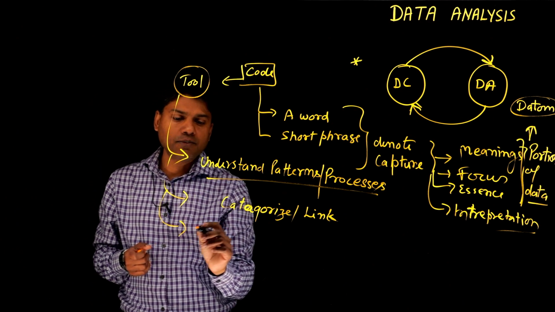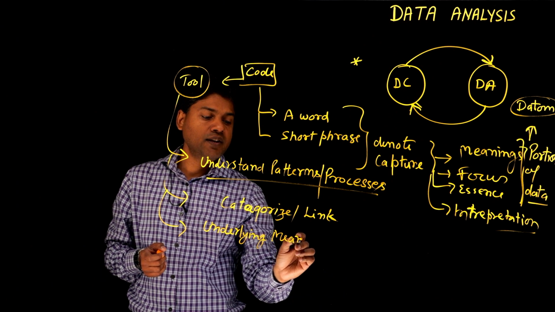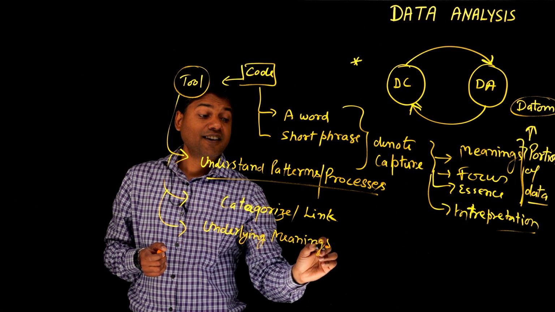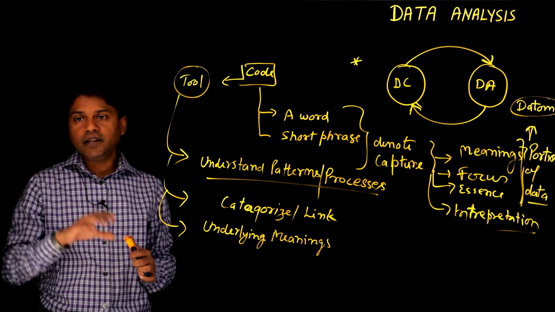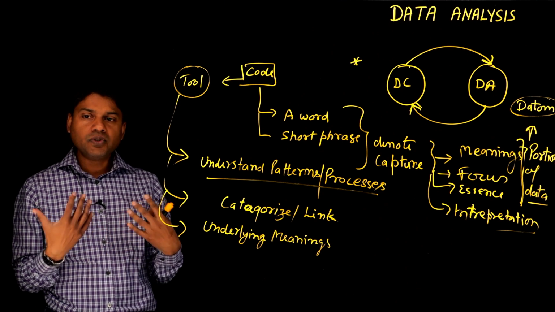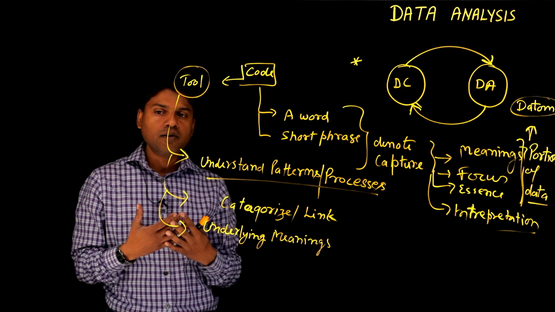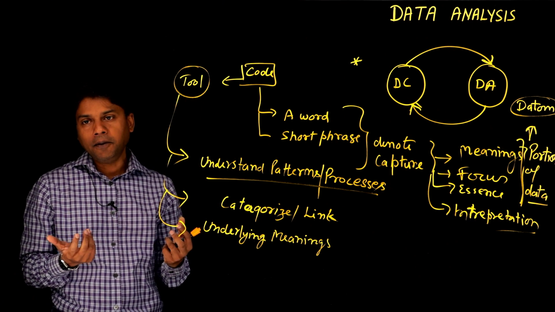Further, it also helps us to understand underlying meaning. What I mean by underlying meanings is that when you are looking at the data, you will understand what is going on here, but you may not get a deeper understanding of what is happening here.